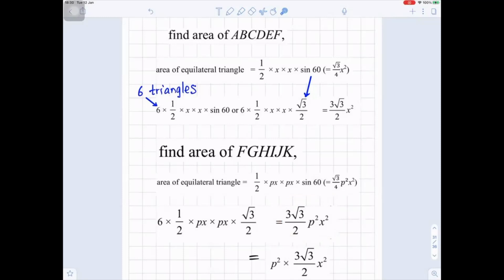And you can bring the P squared in front, and write P squared times 3 root 3 over 2 times X squared. If you look at this answer and compare it with the small hexagon, 3 root 3 over 2 x squared, all that is different is this scale factor, P squared, the area scale factor.